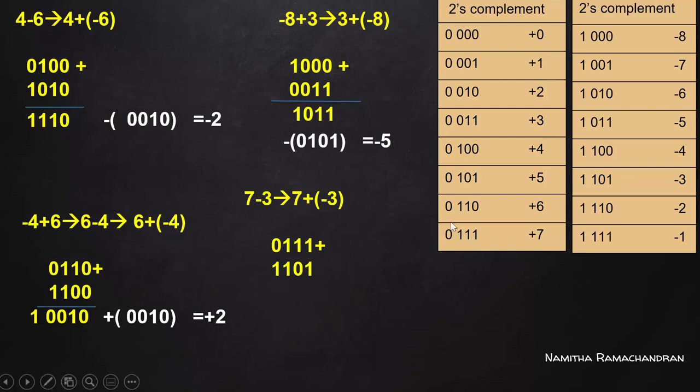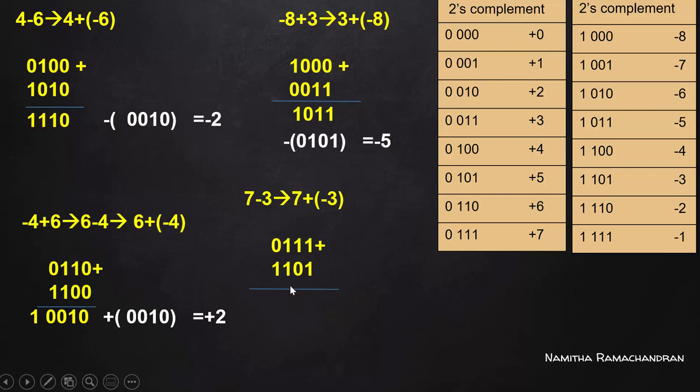Okay, another example. This is 7 minus 3. This can be represented as 7 plus minus 3. 7 is this and minus 3 is 1101. Or we can take the positive 3's binary representation and convert it into 2's complement form. This is directly available here in this table, so we can take it from this table. That is 1101.